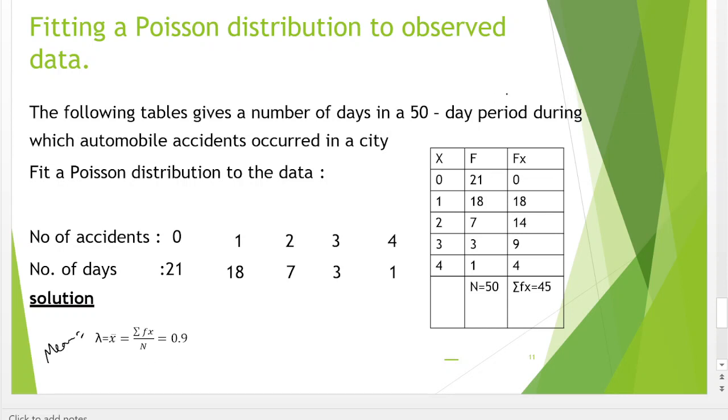Here, in table column 3, calculate the values for f into x. The sum of f into x is 45. So 45 divided by the total frequency 50. 45 divided by 50 gives the value 0.9. So the average of the Poisson distribution, lambda, is 0.9.